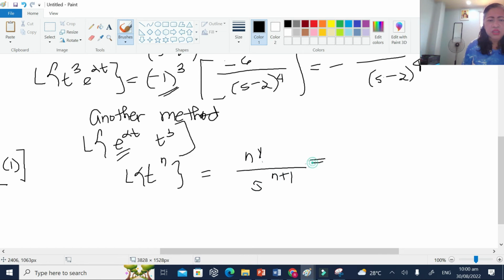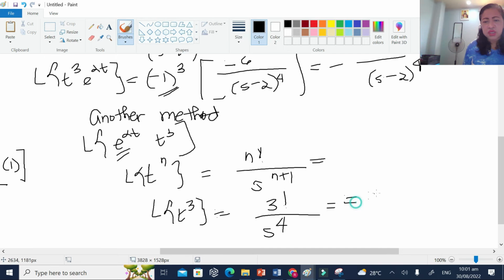So, if that is t to the 3, the Laplace of t cubed will be equal to 3 factorial over s to the 3 plus 1, which is 4. So, what is 3 factorial?